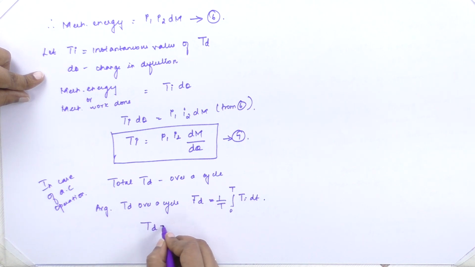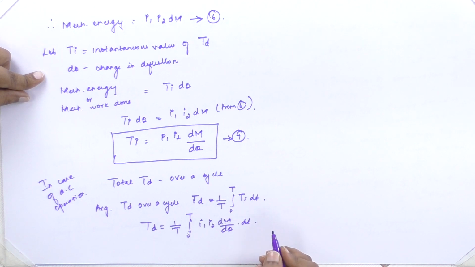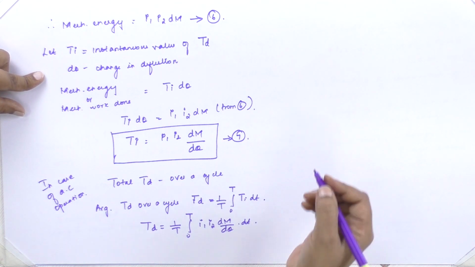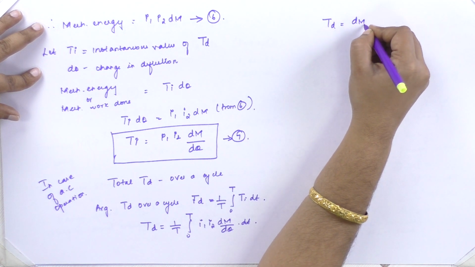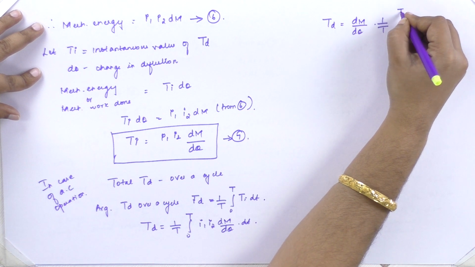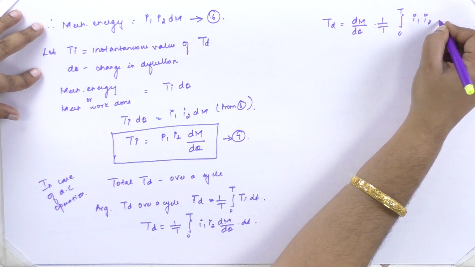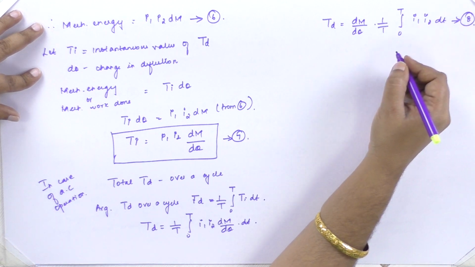Substituting the value of Ti, Td will be equal to 1 by T integral 0 to T I1 I2 into dM by d theta into dt. Since dM by d theta is constant, Td will be equal to dM by d theta times 1 by T integral 0 to T I1 I2 into dt. Let me take this as equation number 8.